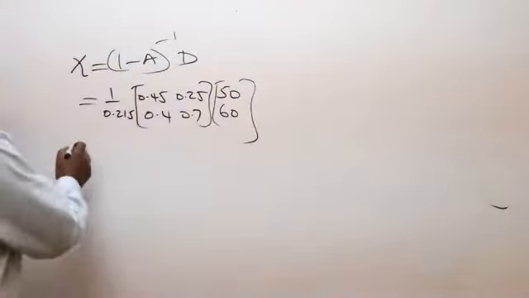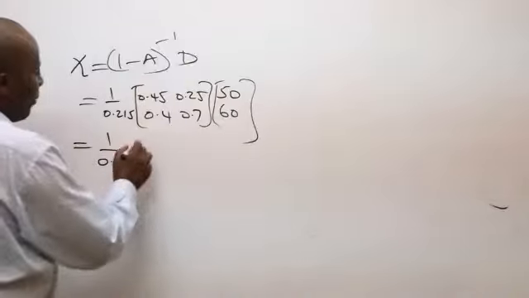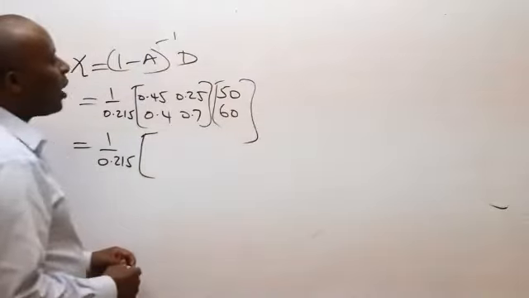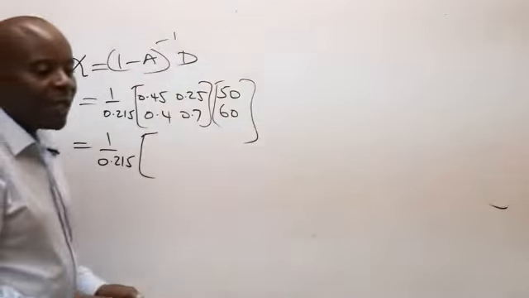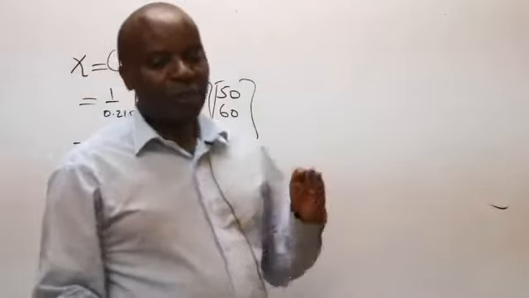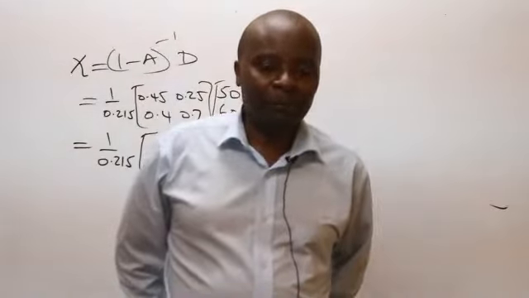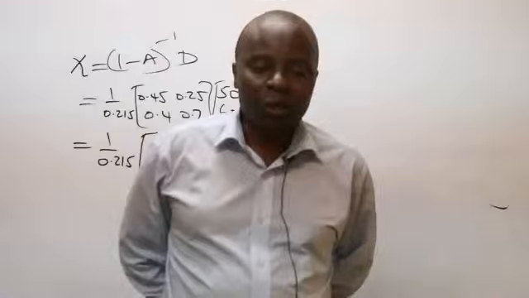The scalar will be left outside. So we have here 1 over 0.215 into the multiplied matrices. Is there anybody who can remind us the major concept of matrix multiplication? When somebody says multiply two matrices, what comes to your mind?